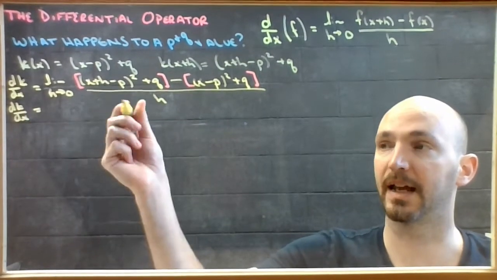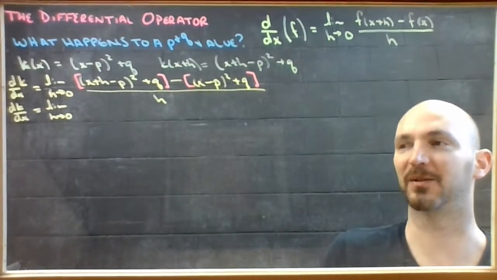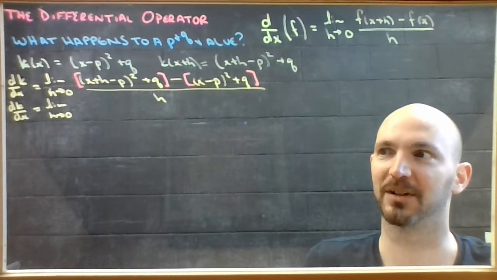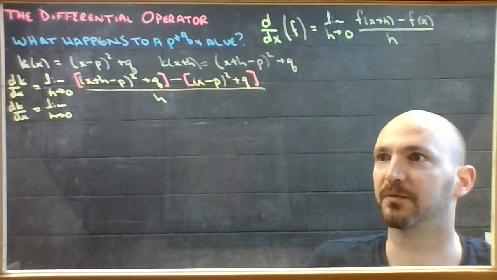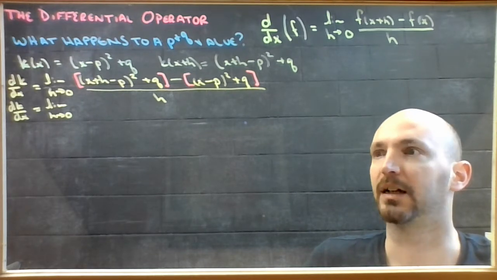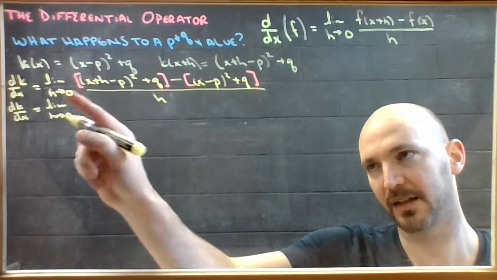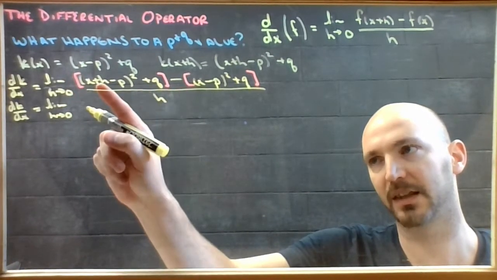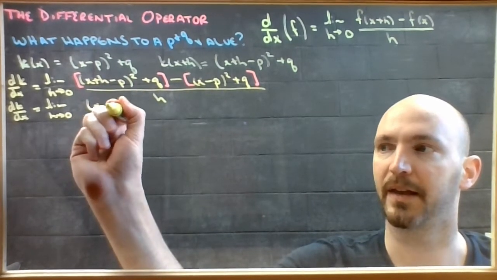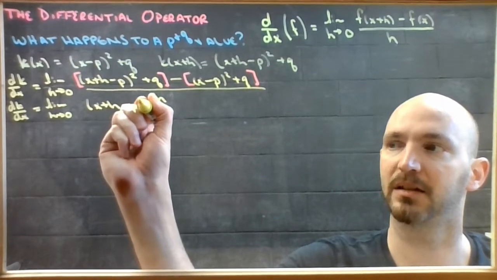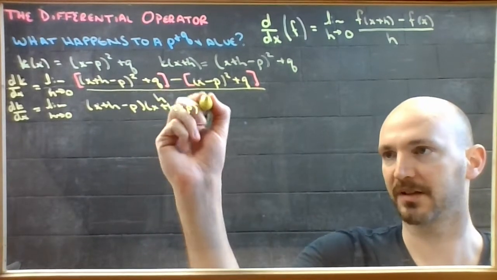This is going to look like a heinous amount of algebra, and someday you're going to look back on this video that you thought had a heinous amount of algebra in it, and it's going to be so cute and small, and then you will weep for the mess you have made. Anyway, I've got nothing multiplying this bracket, so I don't really need it. I've got this bracket multiplied by itself, so I'm going to write that out: x plus h minus p times x plus h minus p, plus q.